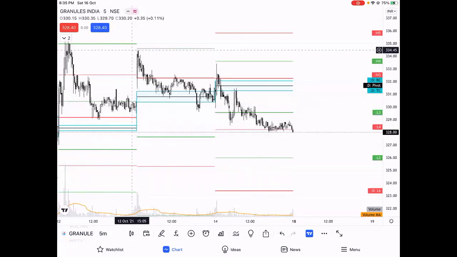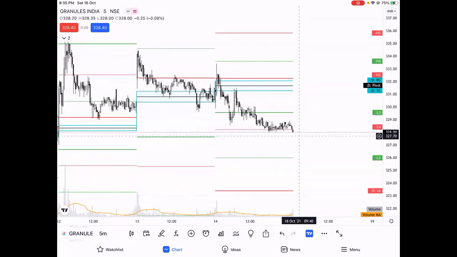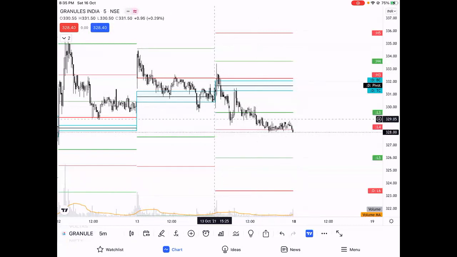As I said, we are taking into consideration the CPR relationship. So we ideally reversed from here, but we continued the trend here, right? Now, how to spot trend reversal? Just seeing the CPRs, right? That is also a part of today's discussion, but we will discuss that in the next few minutes.